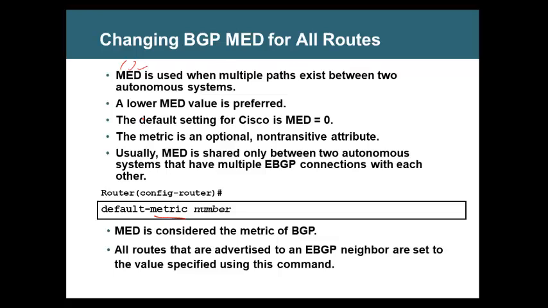Metric of RIP is hop count. Metric of EIGRP is composite value. Bandwidth plus sum of delay. Now, when we have multiple paths, we use that metric to say this path is better than the other because this path's metric is lower. So metric only helps to pick one path and ignore the other one.